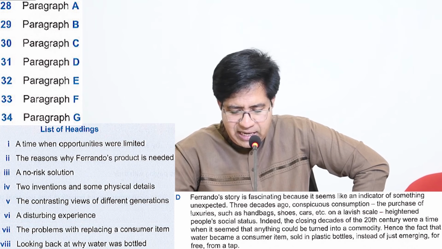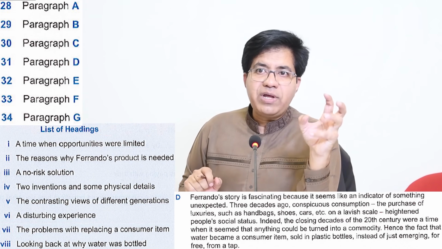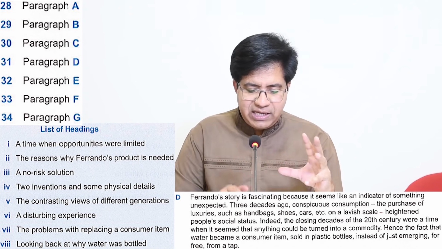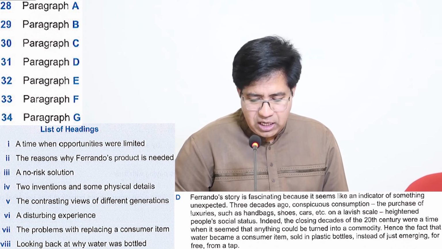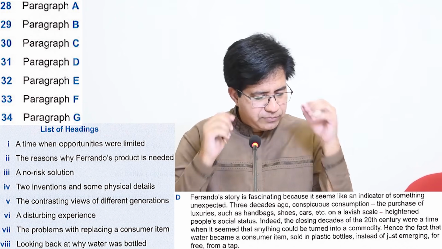Indeed, the closing decades of the 20th century were a time when it seemed that anything. Now they're doing what? Ferrando's story is fascinating and then they're telling us something that happened three decades ago. So let's go back and we see if there is anything.